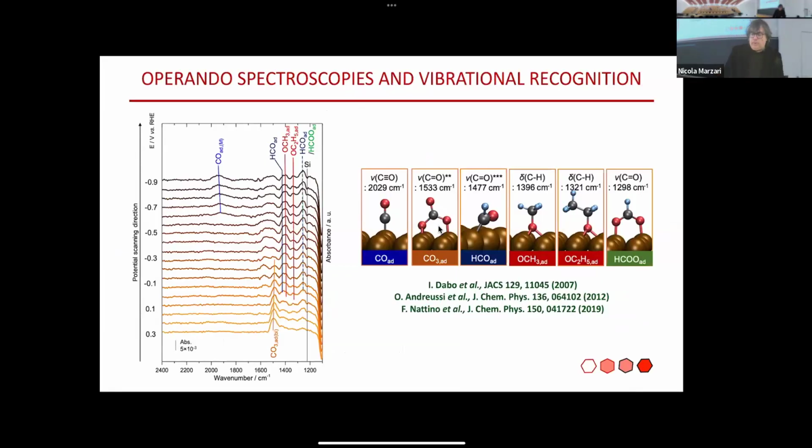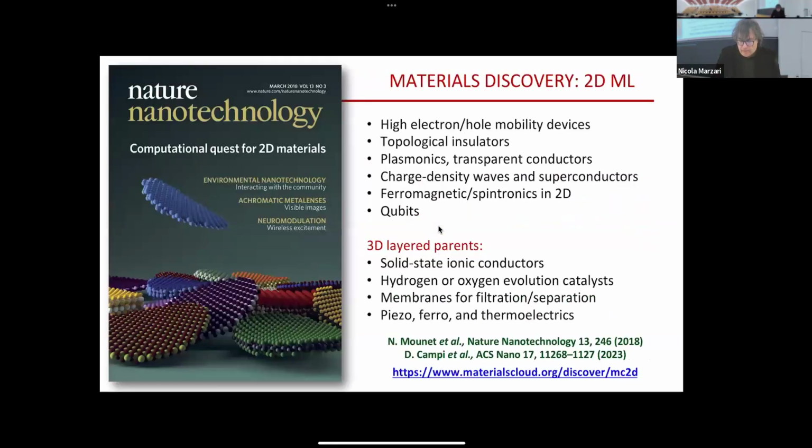And you can actually explore what all the different adsorbates could be, in this case on these copper surfaces, and they have their own vibrational fingerprints. And so you can translate the experimental peaks that you see on the left into microscopic pictures that come from the right.